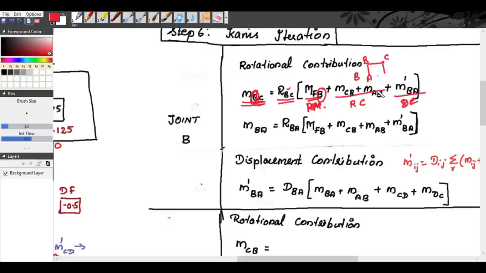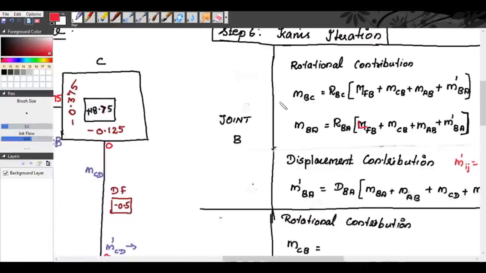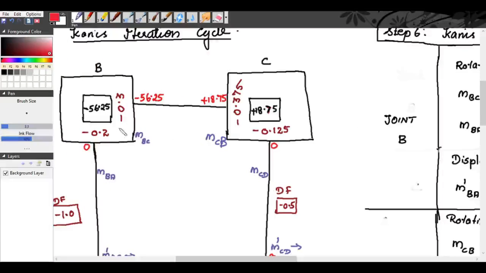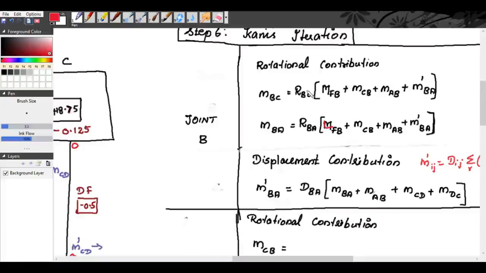Now, this RBC is the same, right? RBC is minus 0.3.